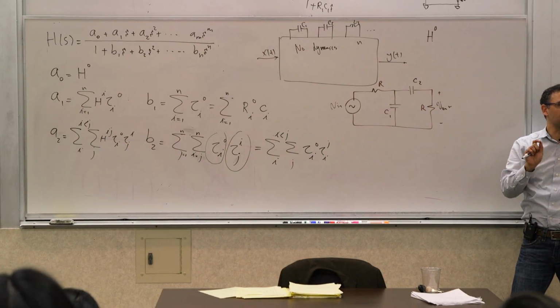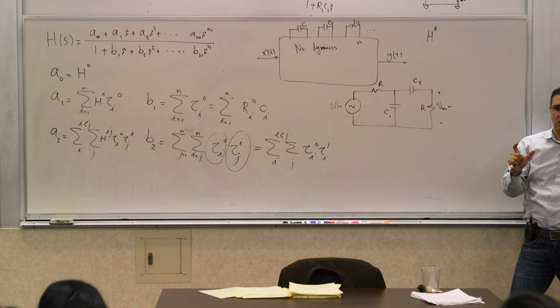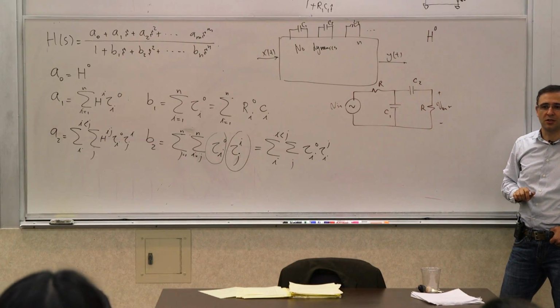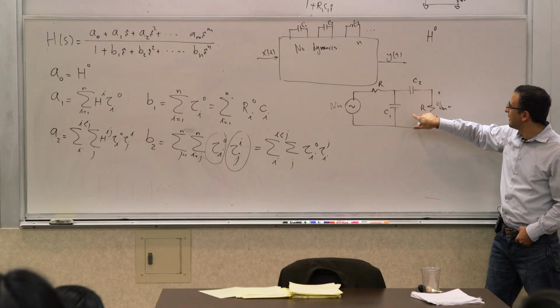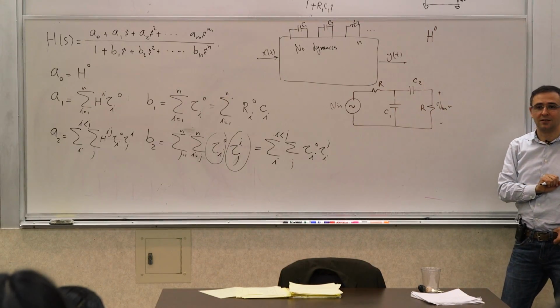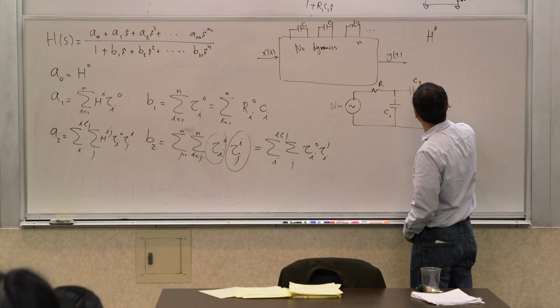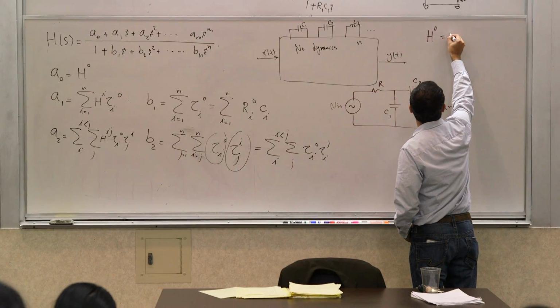A zero valued capacitor is what? An open circuit, right? So you open circuit both of these capacitors. What's the output voltage in terms of the input voltage? If this is open and this is open, it's 0, right? Because this is open, it's not connected to the inputs. It's connected to ground. So this is 0.